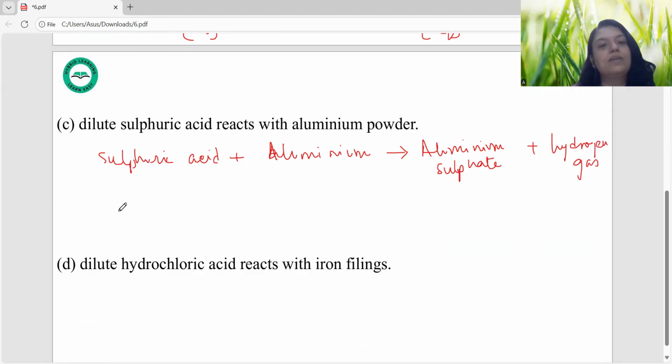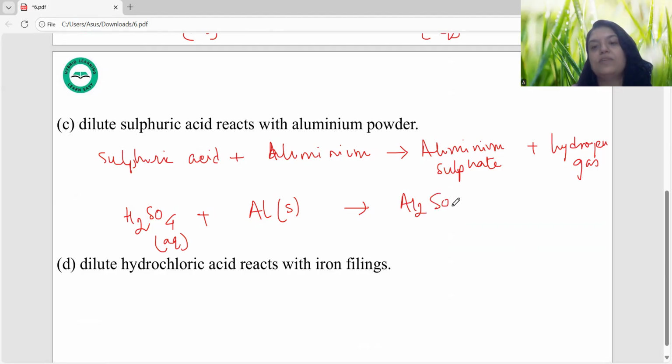So my balanced chemical equation, sulfuric acid plus aluminium. So it's powder means solid. This will be aqueous. Will give you aluminium sulfate, Al2(SO4)3, plus hydrogen.